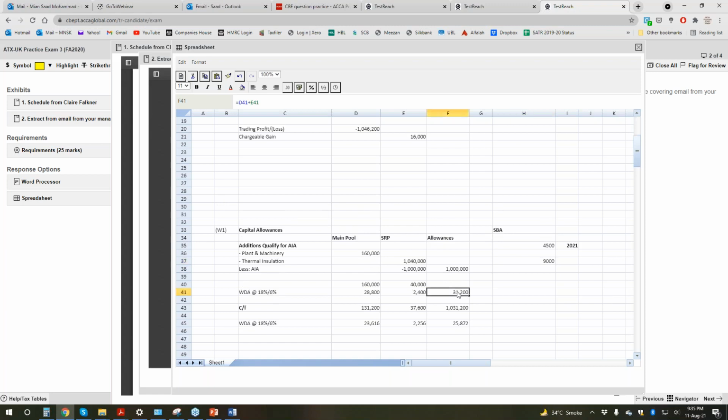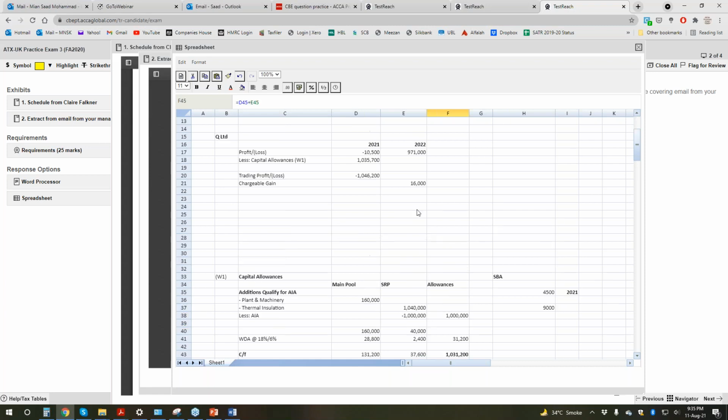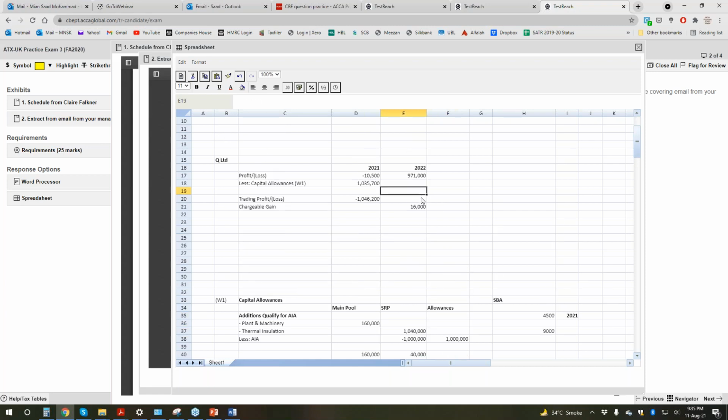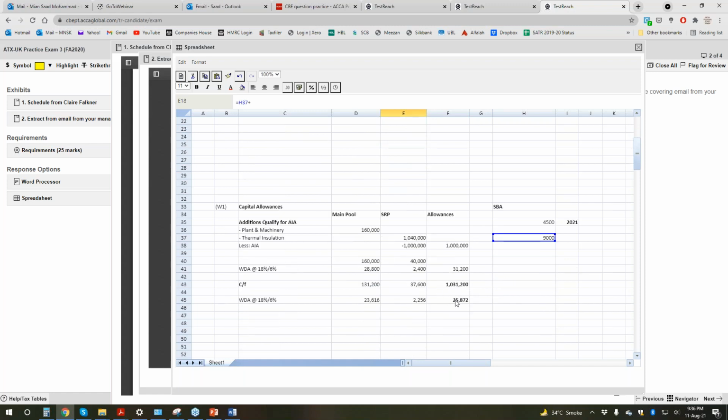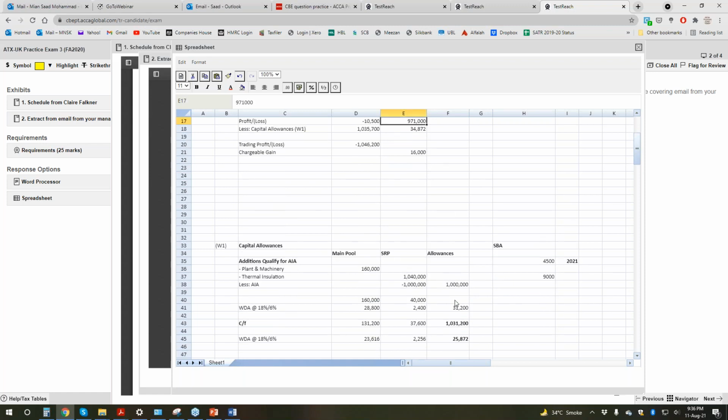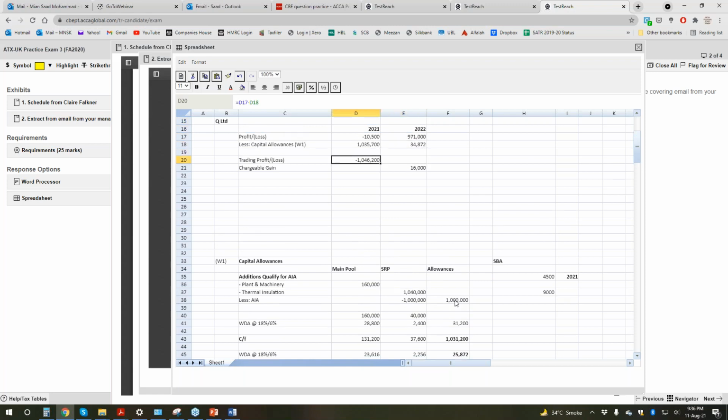So for next year, this is my one figure and this is my second figure for the year totals. So this year, the total of the allowances is SBA plus this figure. These are my allowances, and I can copy the same formula here as well.